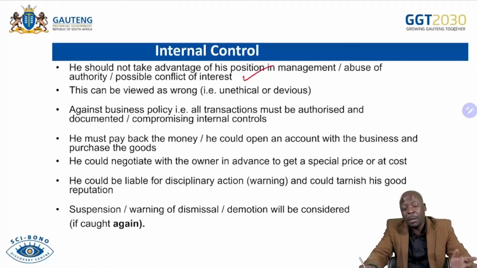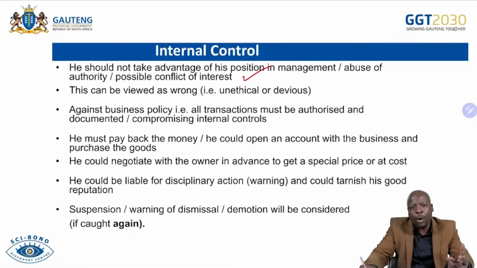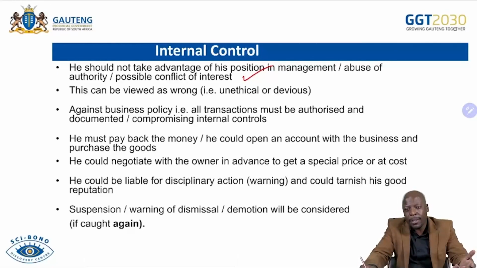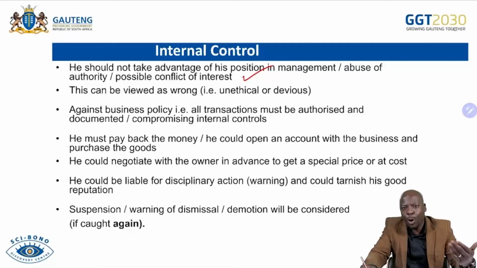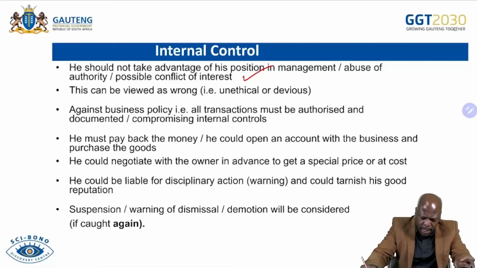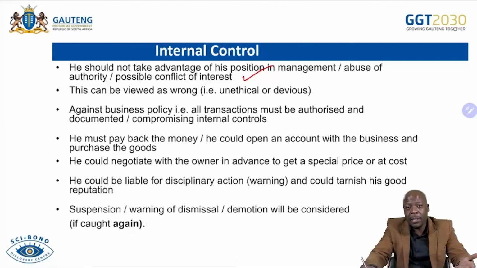Conflict of interest simply means he's putting his self-interest before the interest of the business. He's ordering his personal goods on the business account. That is a direct conflict of interest, and he's abusing his authority since he's the purchasing manager.